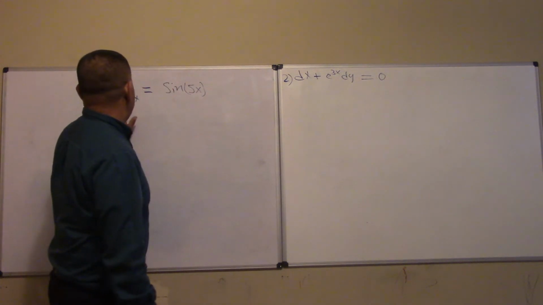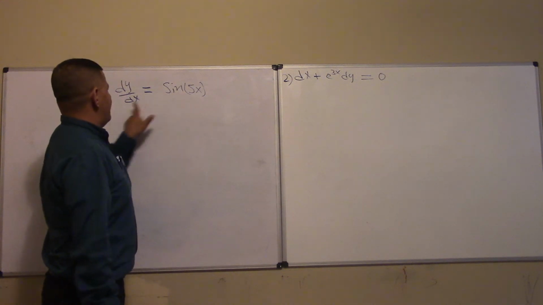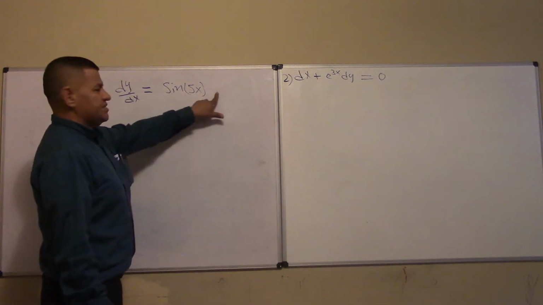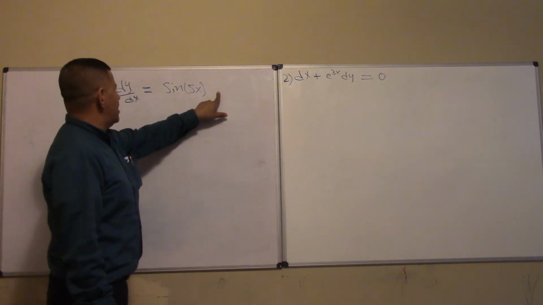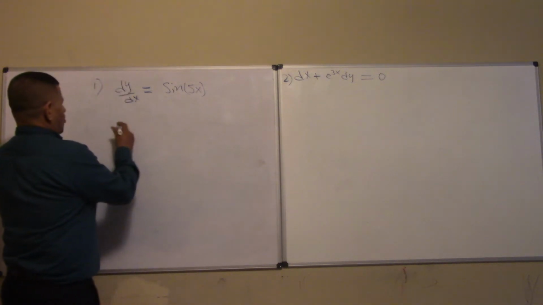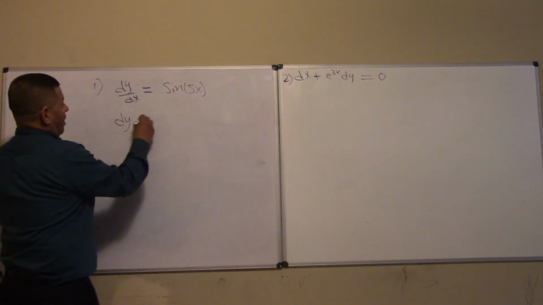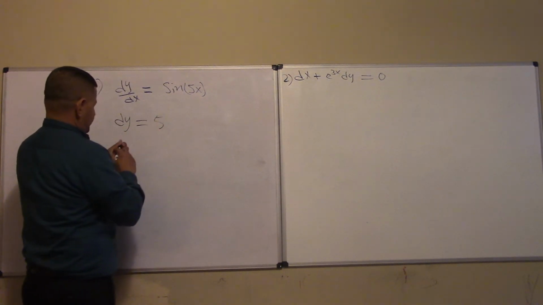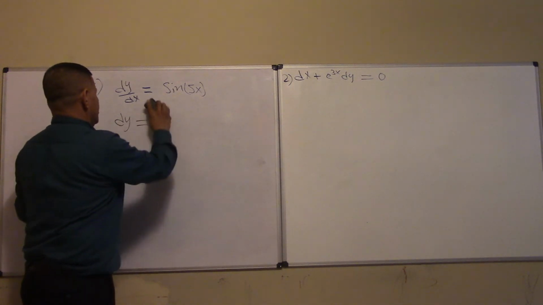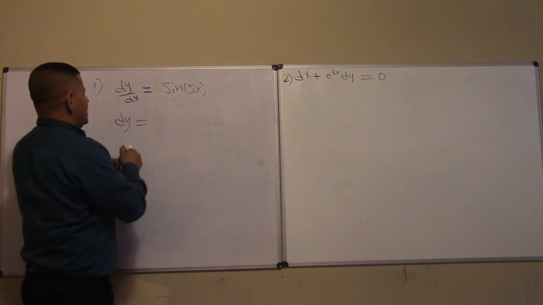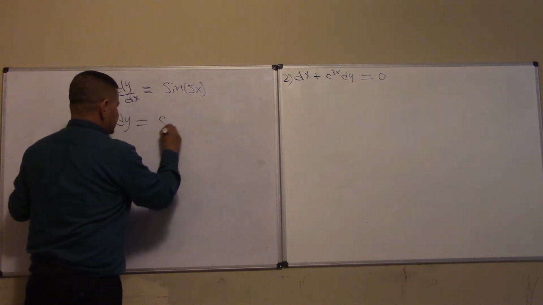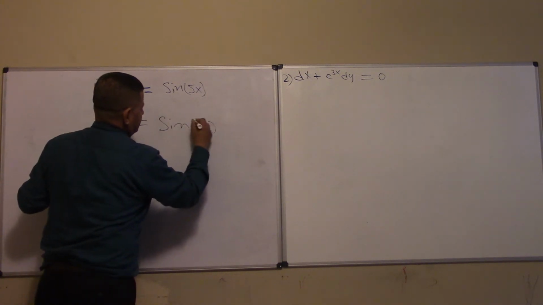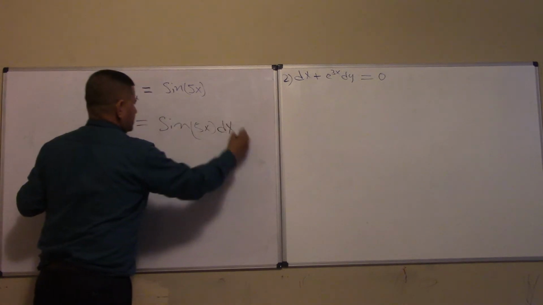So here we can just separate the variables by multiplying dx times sine of 5x, so we have dy is equal to sine 5x dx.